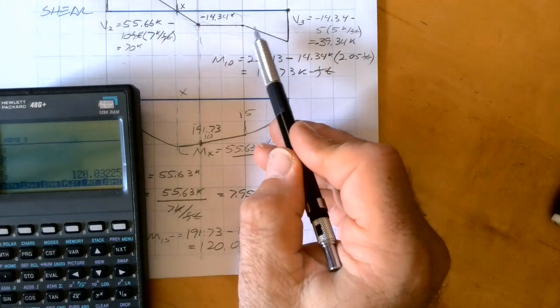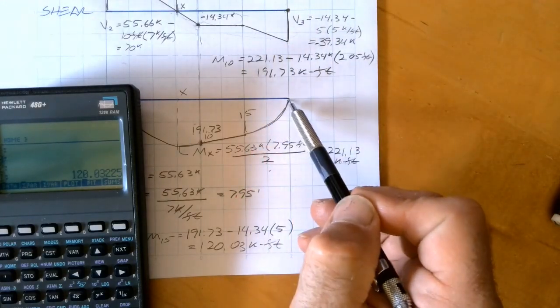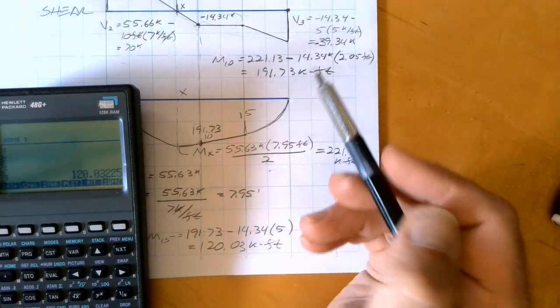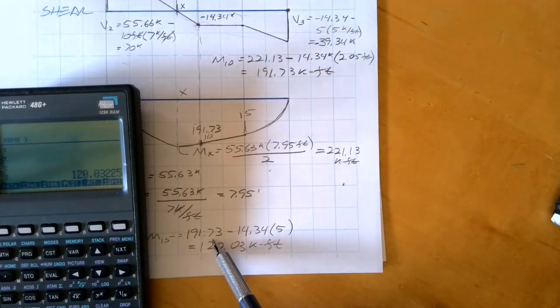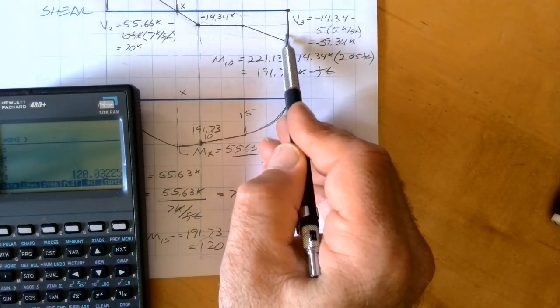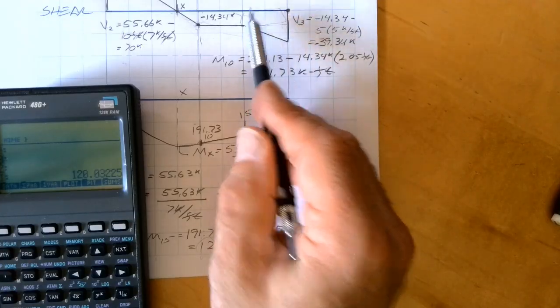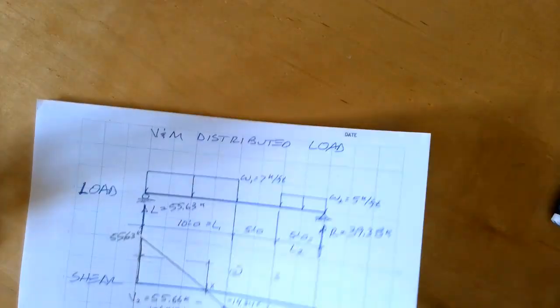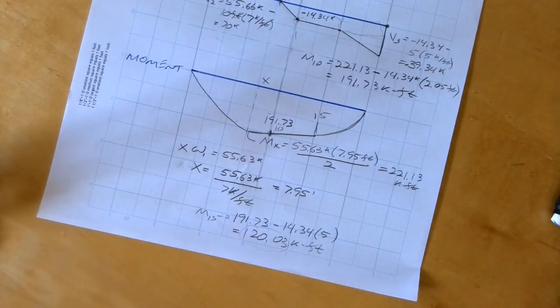Okay, and then to close this out, to find the moment here, which I know is 0, but to make sure that I can solve it this way as well, I would take the area of the triangle and the area of that rectangle. So let me get another sheet and we'll go ahead and calculate that.